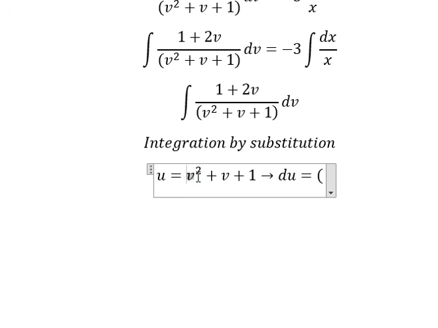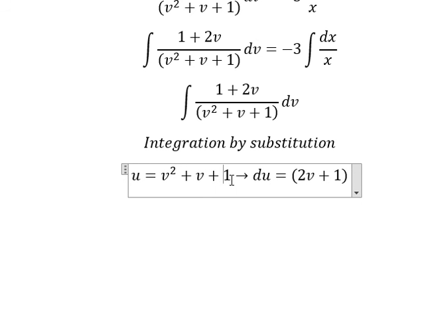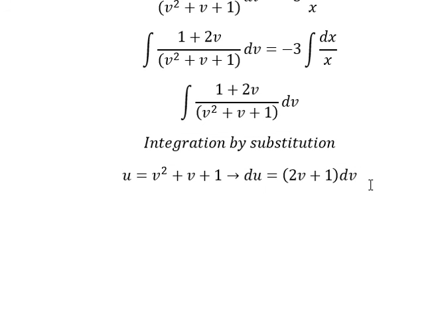First derivative of v squared, we have 2v. First derivative of v, we have number 1. So first derivative of number 1, this is a constant. So you get 0.